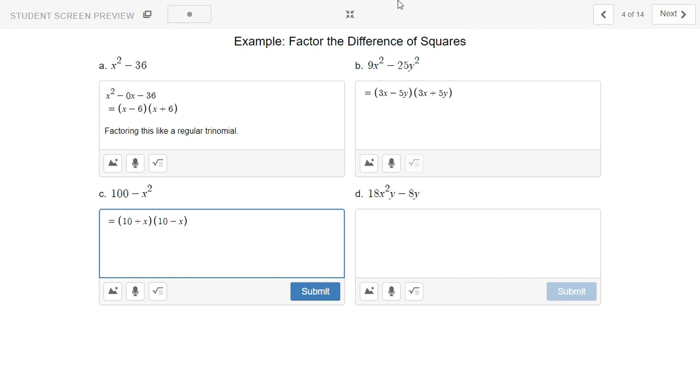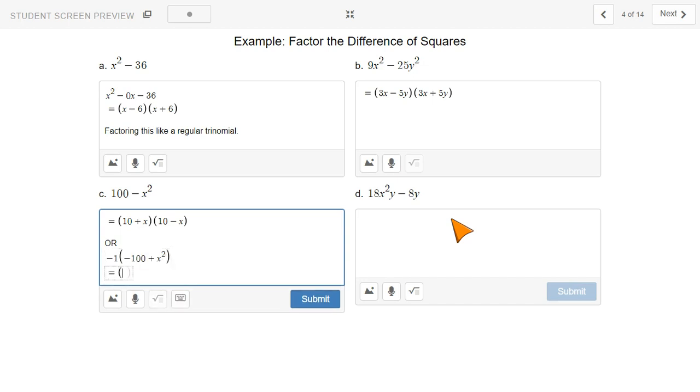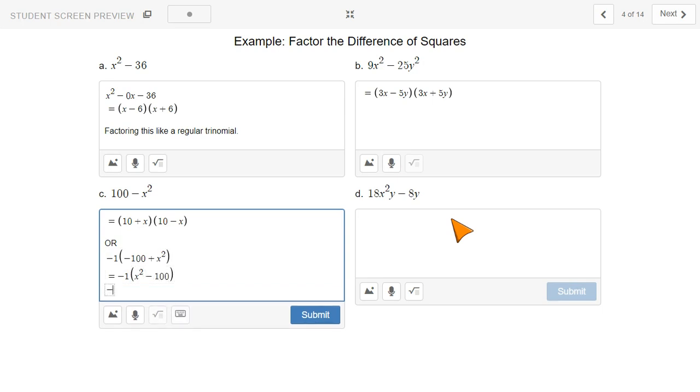Now, if you really wanted to make this our A term, we could factor it. So we would have negative 1 times x squared minus 100. Well, I guess we should first write it as negative 100 plus x squared, and then we can rewrite it as negative 1 times x squared minus 100.